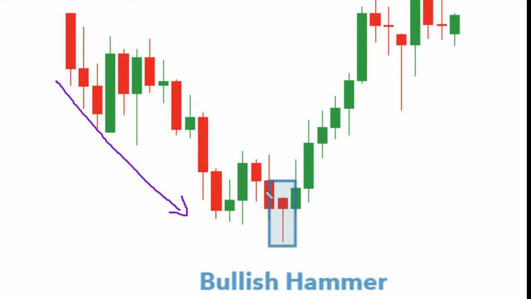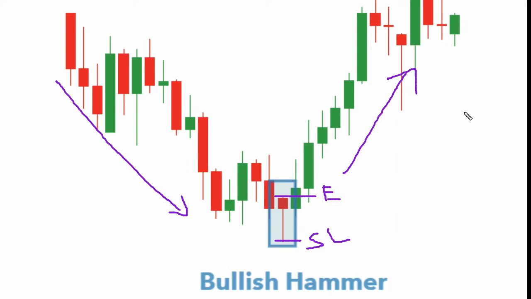And the third condition, the high of the hammer should be broken. So your stop loss will be at the low of the hammer and your entry will be at the high of the hammer. Whenever the high of the hammer is broken, you can expect a strong bullish rally, as we can see on this chart.